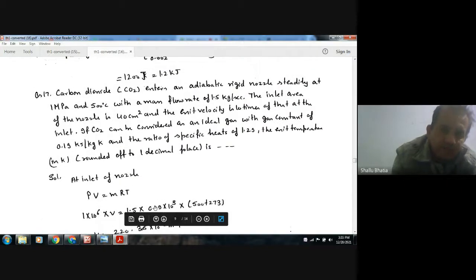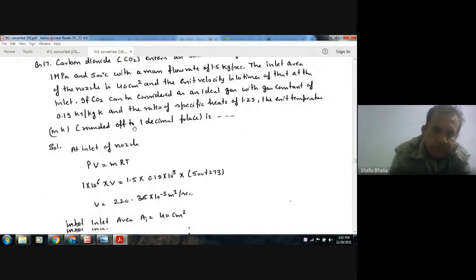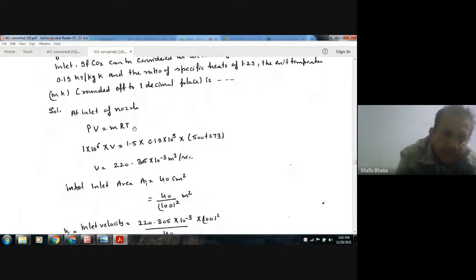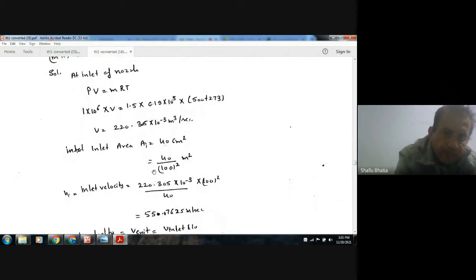Now the inlet area is given, that is 40, and the exit velocity is 10 times that of the inlet. So the area is 40 centimeter square, and the mass flow rate is this.